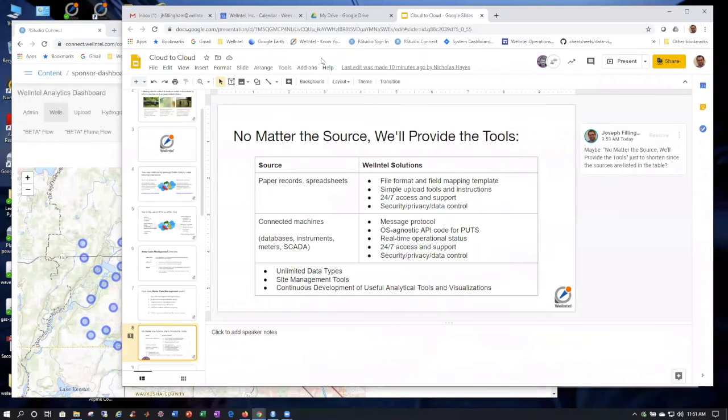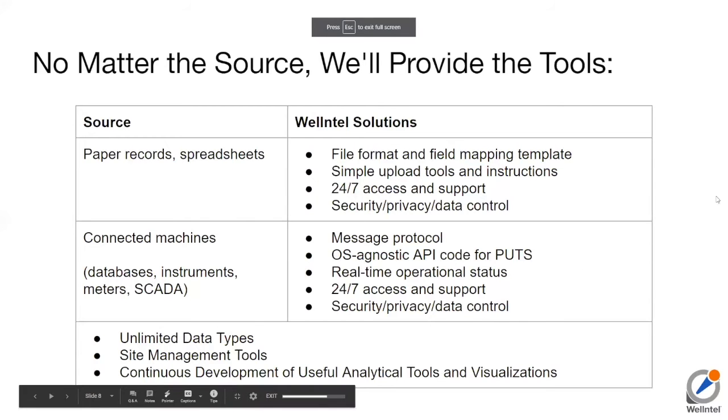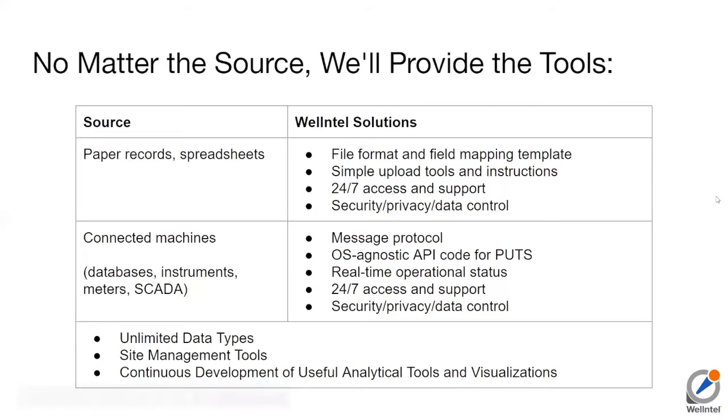I just want to describe that no matter the source for water data management, a spreadsheet or a machine, we're going to provide tools, and those tools are listed here on the right-hand side. We're going to give you file format so you know how to get it there. We'll give you 24/7 access. Security and privacy is all built in.